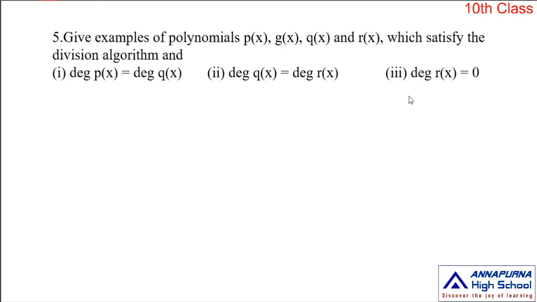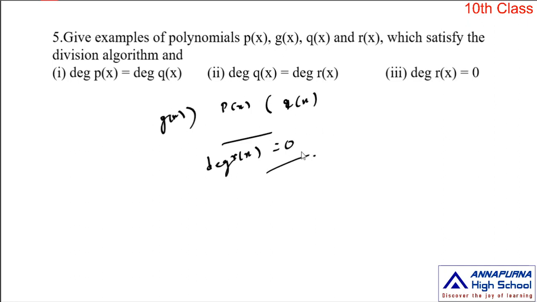Next, the degree of r of x is equal to 0. This is g of x, p of x, q of x, and r of x. The degree of r of x is equal to 0. That means the remainder is a constant. So in which case do we get a constant as the remainder? It is very simple. The divisor degree is more than 0.